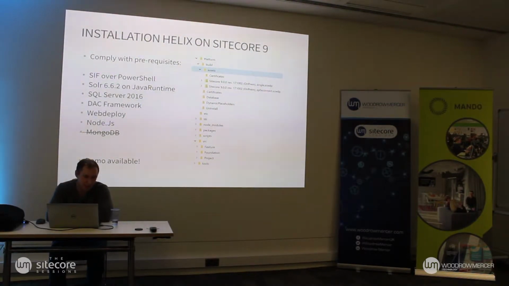SQL Server 2016, that's what you need as well. A couple more things: the DAG framework and Web Deploy, needed for deployment during the installation process. Node.js is required to run the Gulp script, and normal MongoDB, at least in current versions. They suggested that they will add support for that later, but it's not yet available.